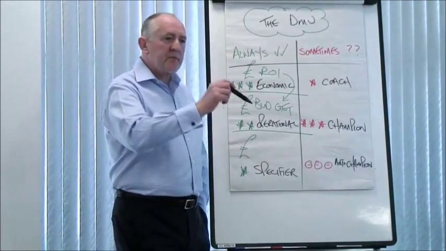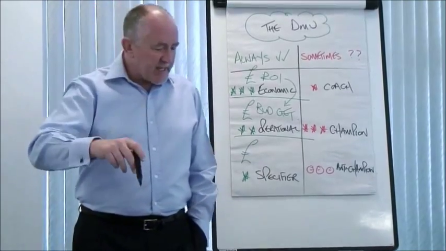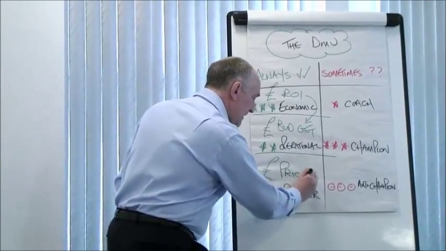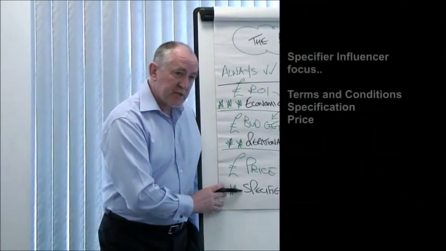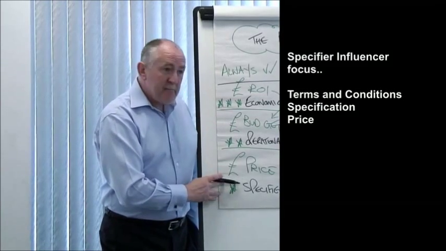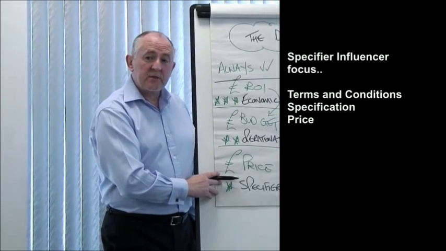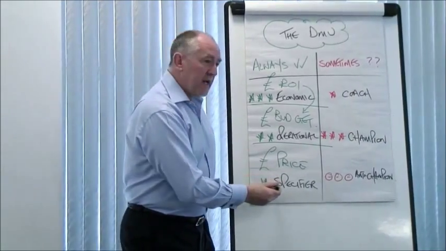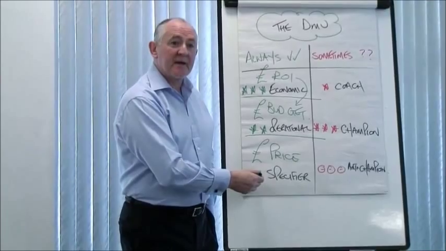So the specifiers will be looking at the terms and conditions, SLAs, and the price. Now they won't have any budget to spend, and they won't be setting the return on investment formula. They may not even know the reason for change. So they may not know what the problem or the opportunity is. All they know is what they've been told to buy.